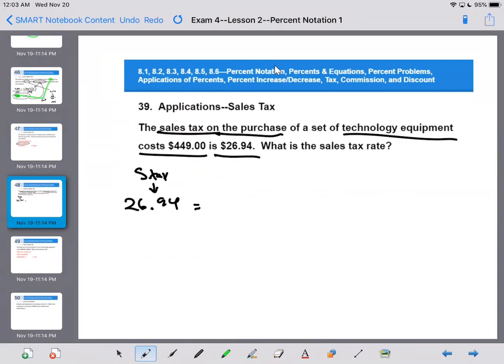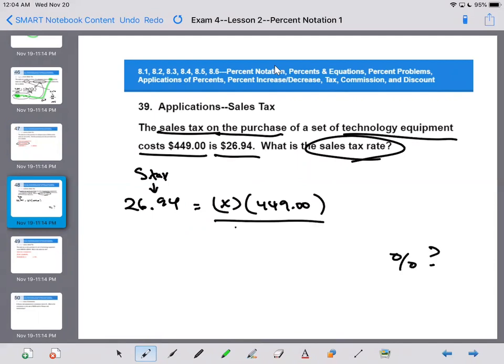I want to know what the sales tax rate is. What would be that percent? Well, that would be something multiplied by what the price of the technology equipment is currently, which would be $449. If I'm going to have sales tax of $26.94, I'm just trying to figure out what's the percent.